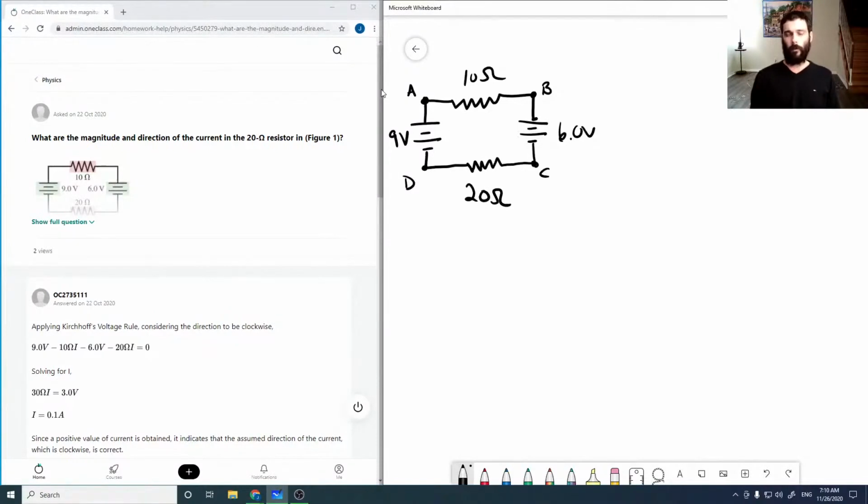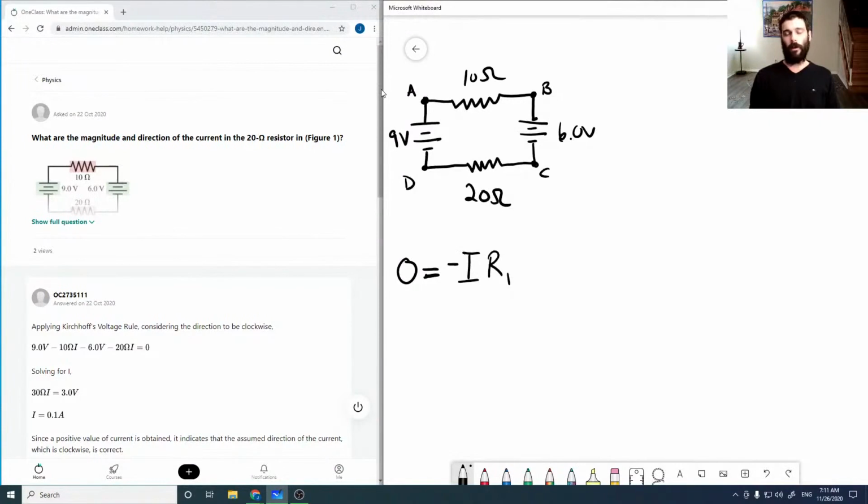Whenever we pass over a resistor, we're going to generate an equation. So it'll be 0 equals, and whenever we pass over a resistor, in this case 10 ohms, we're going to go minus IR1, the current through the resistor times the resistance.